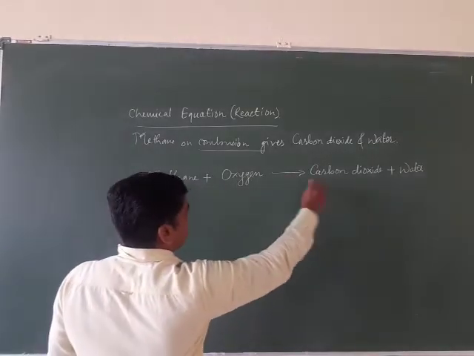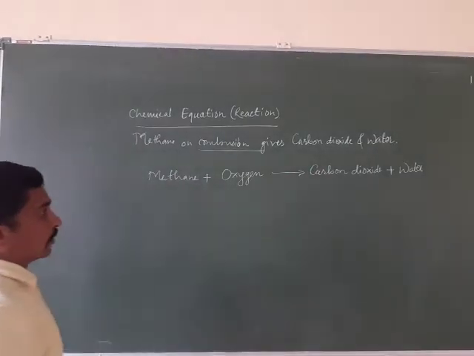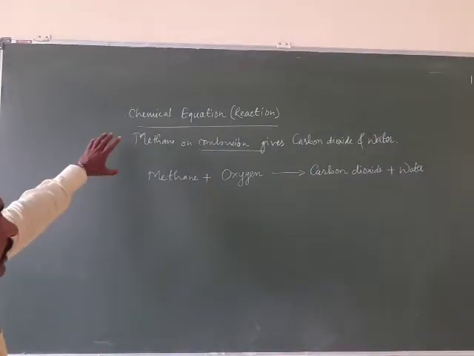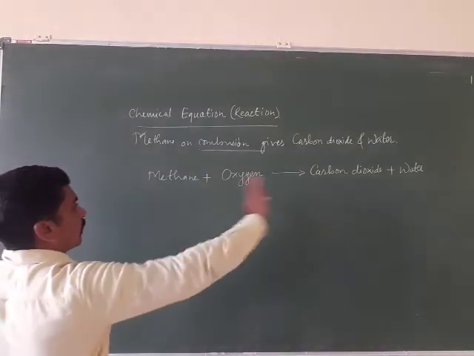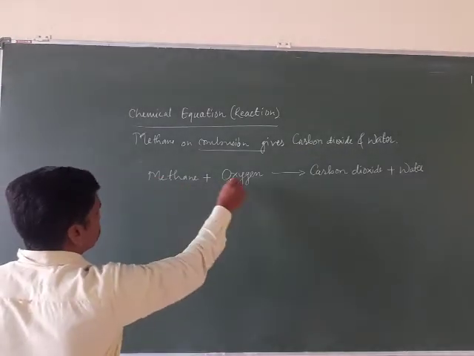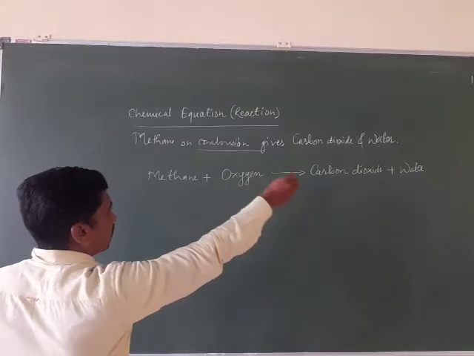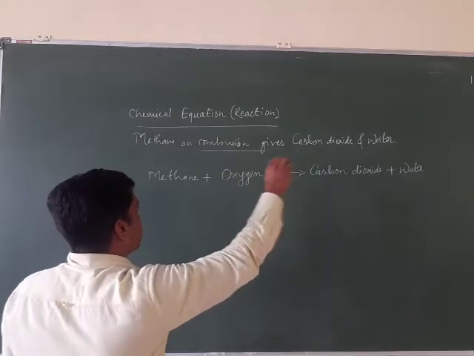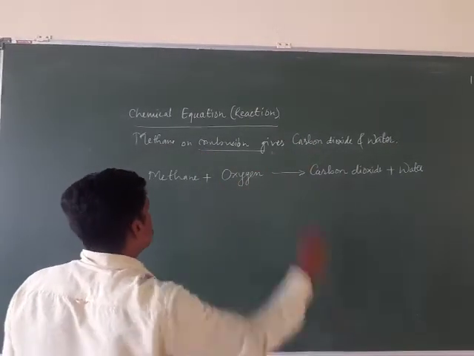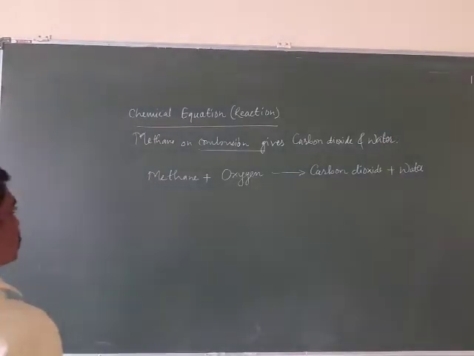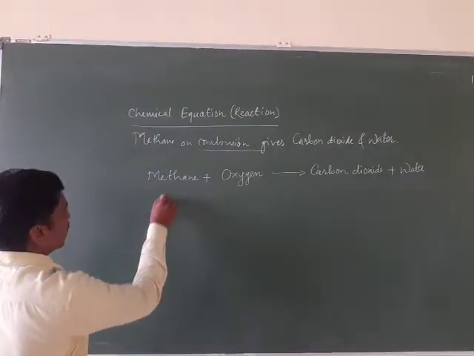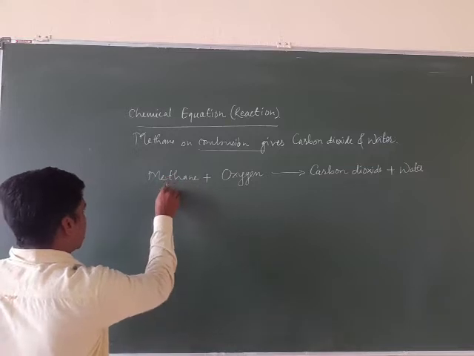Now whatever things are produced during this process are all gases. Methane is a gas, oxygen is a gas, carbon dioxide is a gas, and water comes as vapor because in a combustion reaction water also comes in the form of gas.